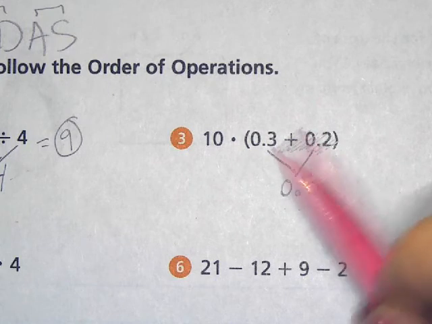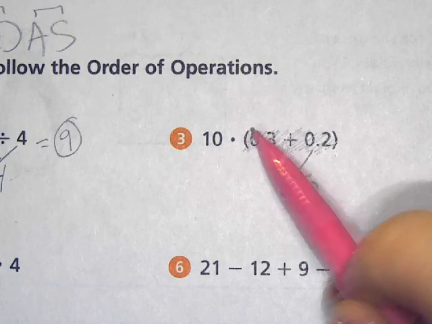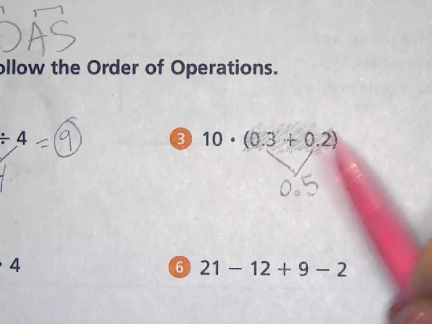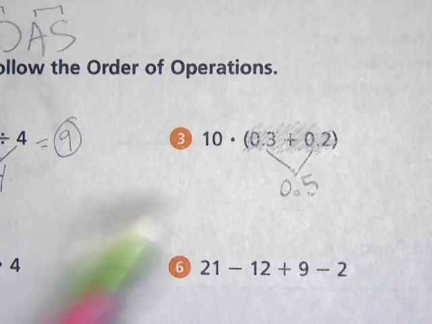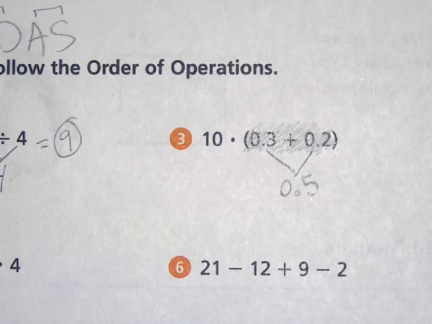If that helps you, I wouldn't scribble it out so dark that you can't see what the numbers are, because then if you made a mistake, going back is hard. But I would kind of recognize that I'm done with that part. I'm done. And now I have 10. And I have this dot in the middle. That dot means multiply. So it now says 10 times 0.5.